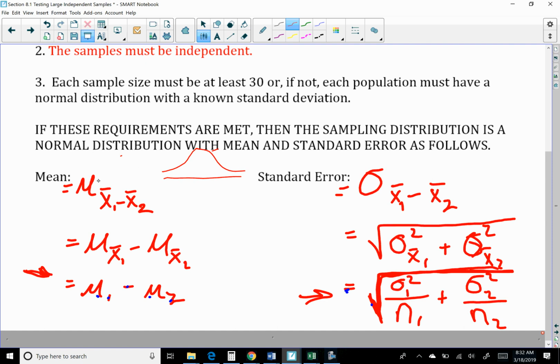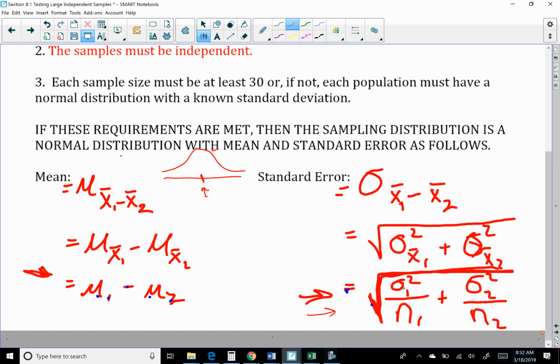Well, this is saying that the mean of that normal curve right here is equal to whatever the population mean for the first population is minus the population mean of the second population, right? And that would be right here. Okay? And then the standard error, or the standard deviation of that sampling mean, is given by this equation down here, right?